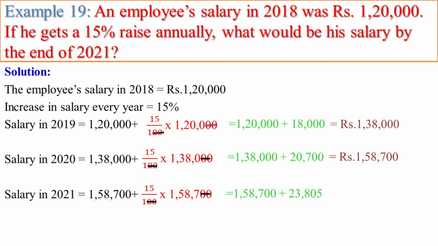We have to add this amount to the salary amount of 2020, and adding we get rupees 1,82,505, which is the salary amount of the employee at the end of 2021.